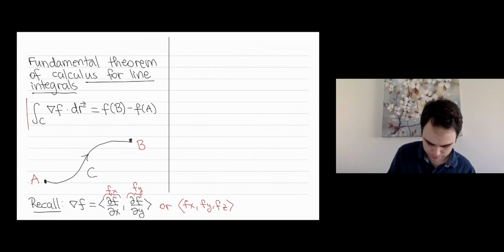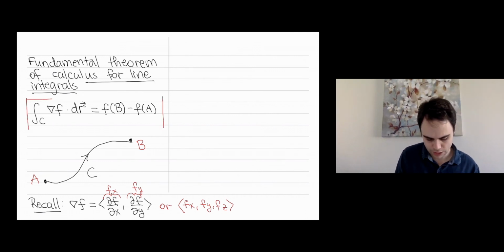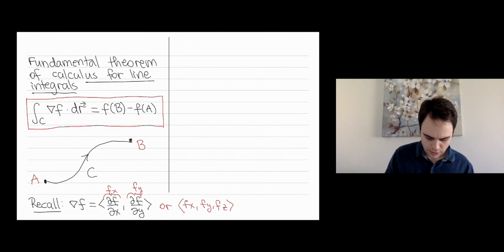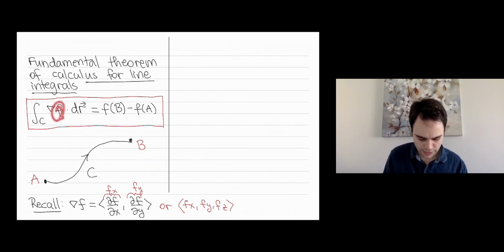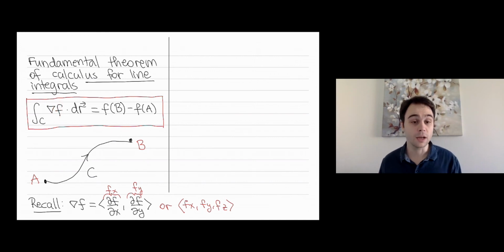So that's it. I don't have to set it up, I don't have to parameterize it. I only need to check the starting point and end point, calculate f at the 2 endpoints, and there you go, I computed my integral. So that's really cool.